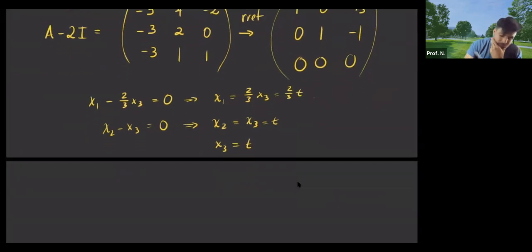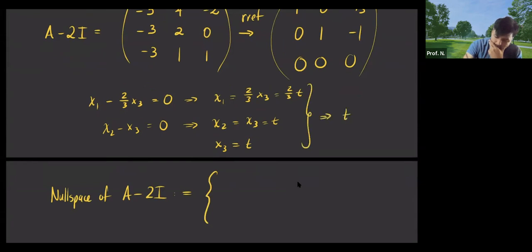Now, what is the null space of A minus 2I? Well, it's the set of all vectors that's a scalar multiple of what? Scalar multiple of 2/3, 1, 1.